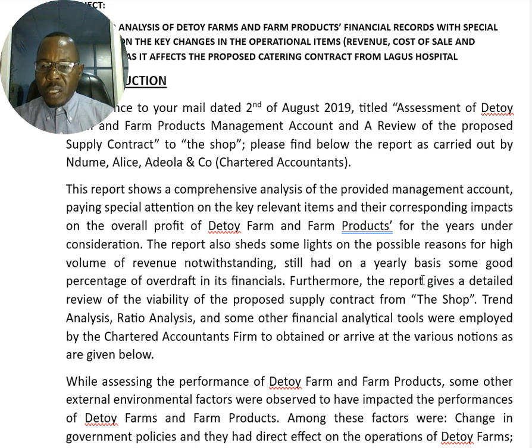The report gives a detailed review of the viability of the proposed supply contract from the shop. Trend analysis, ratio analysis, and some other financial analytical tools were employed by the chartered accountant firm to arrive at the various notions as given below.